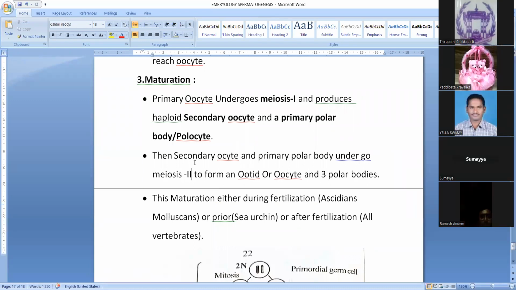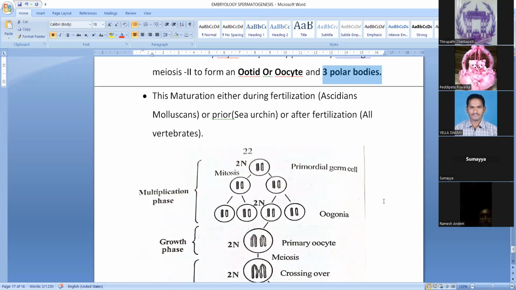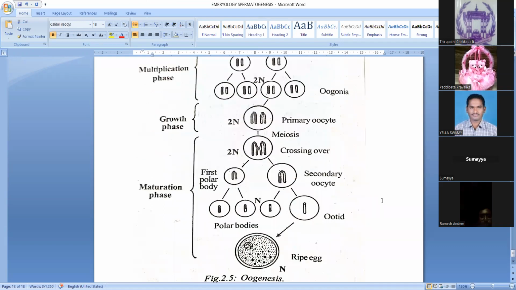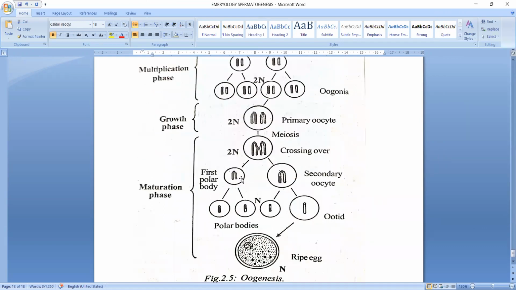Meiosis 2 is nothing but a mitosis, to form an oocyte and three polar bodies. From the first polar body, two polar bodies are formed. From the secondary oocyte, again an oocyte and another polocyte or polar body are formed.